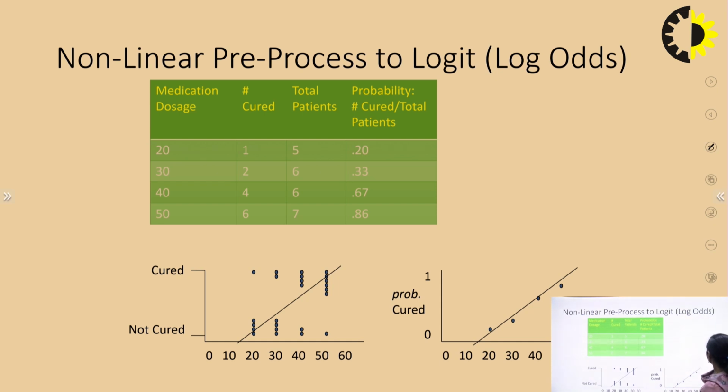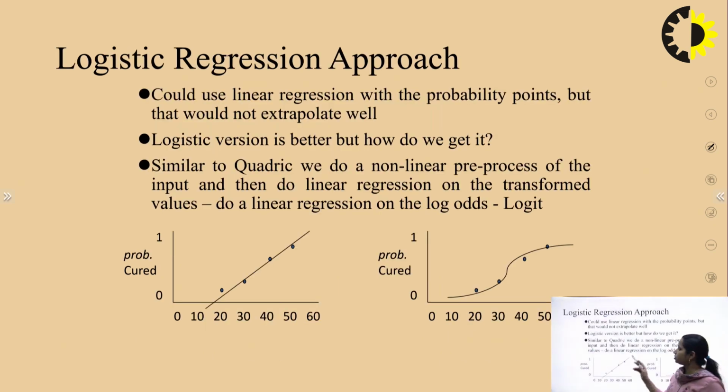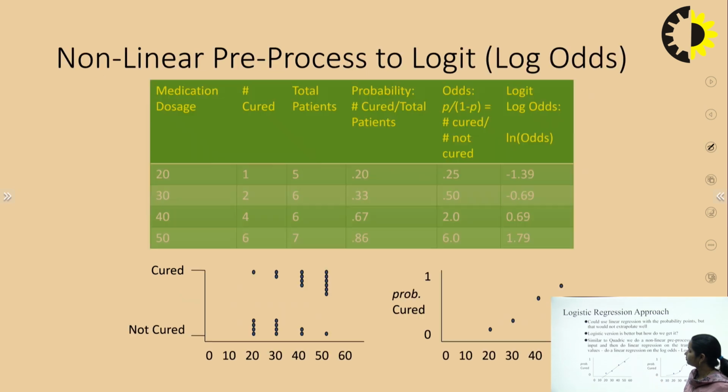In logistic regression, we could use linear regression with the probability points, but it will not extrapolate well. The logistic version is better, but how do we get it? Similar to the quadratic, we do a non-linear preprocess of the input, and then do linear regression on the transformed values, that is, linear regression on the log odds, right? So this is the graph. It was already in the previous slide also.